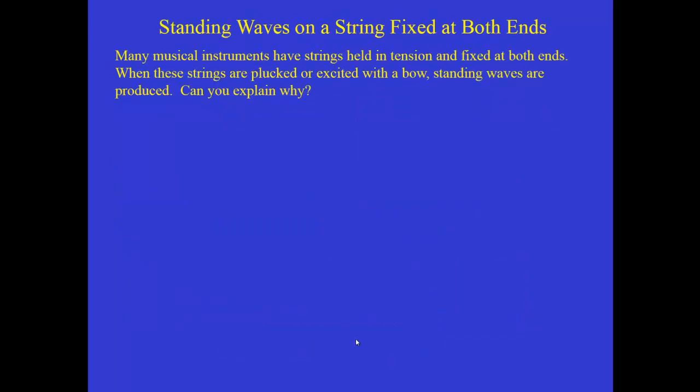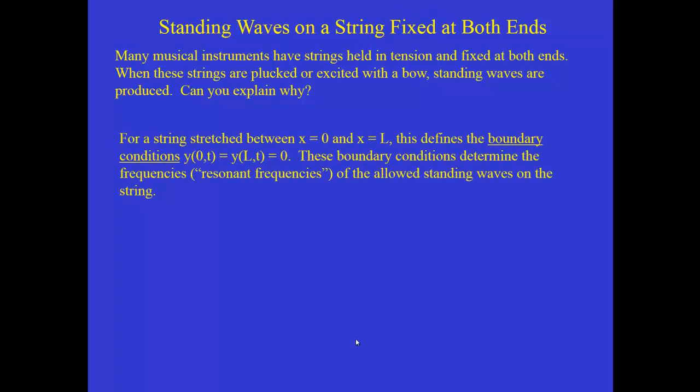So many musical instruments have strings held in tension and fixed at both ends, and when these strings are plucked or excited with a bow like in a violin, standing waves are produced. And I think if you followed the explanation that I just gave, you can explain physically why that is. So the string, if it's fixed at both ends, x equals 0 and x equals L, the fact that it's fixed defines the boundary conditions.